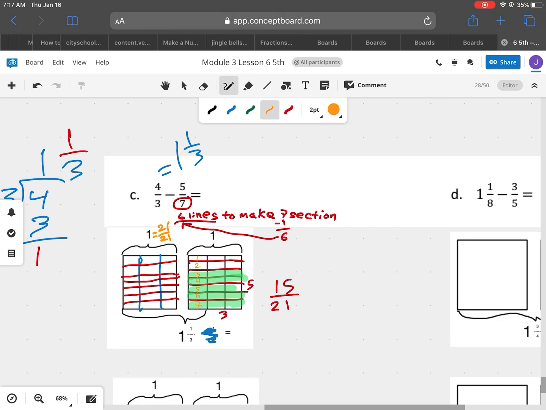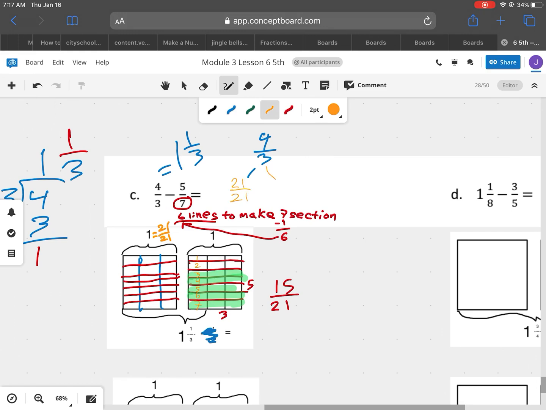So when we decompose our 1 1/3 or our 4/3, we're going to have 3/3 and 1/3. Okay, that's original. But when we do it with our red lines, we come up with 21 21s.